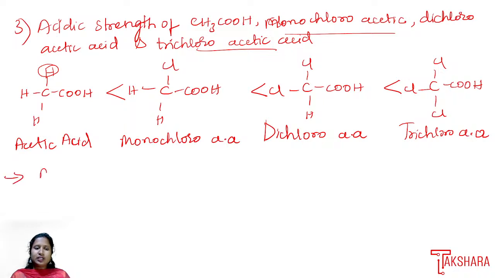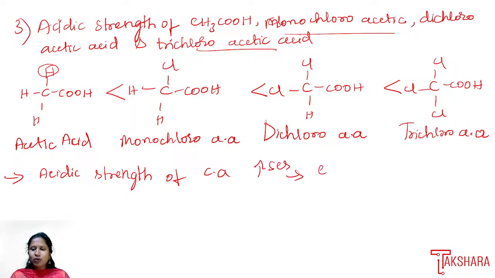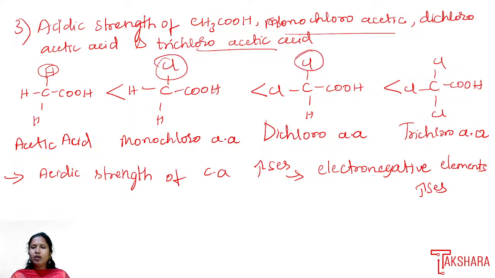Okay, so acidic strength of carboxylic acid increases when the electronegative elements increase. Now if we compare, in acetic acid we don't have any electronegative element, so it has less acidic strength. Monochloroacetic acid has 1 atom, dichloro has 2 chlorine atoms, and trichloro has 3 chlorine atoms.